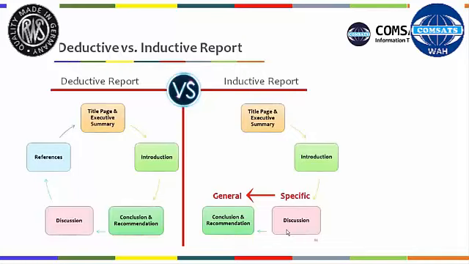Once this discussion is complete and now we have raised our stance, then we can move towards the conclusion. And this conclusion, once we have achieved it, is going to turn that specific information to general.